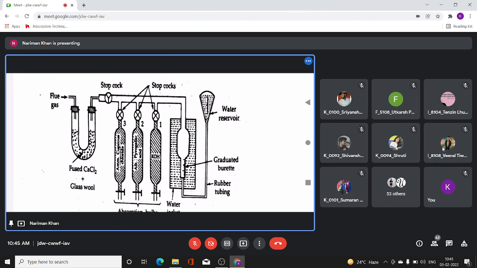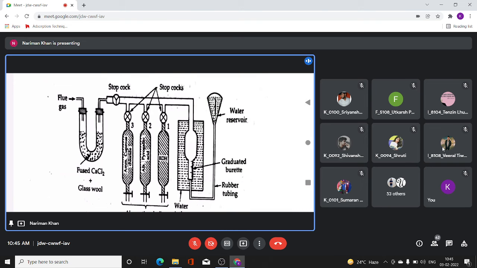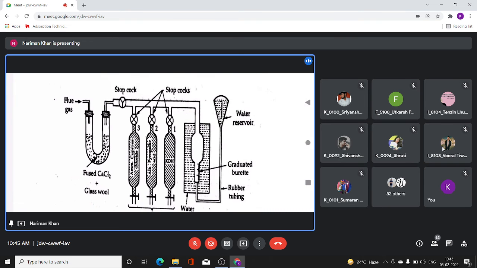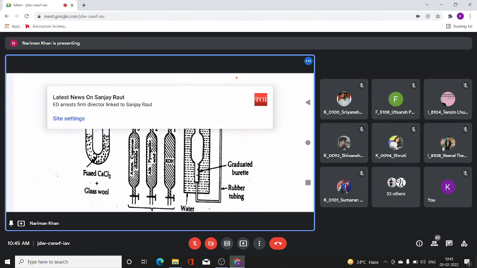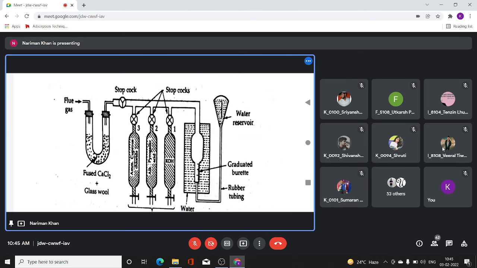Now, these absorption bulbs are connected to a U-shaped glass tube, which has solid fused calcium chloride present in it, equally on both sides of the U tube.